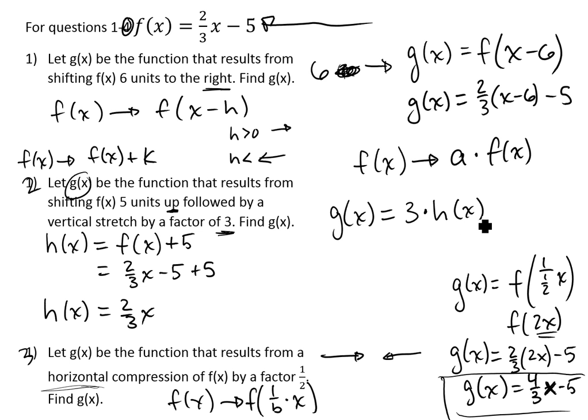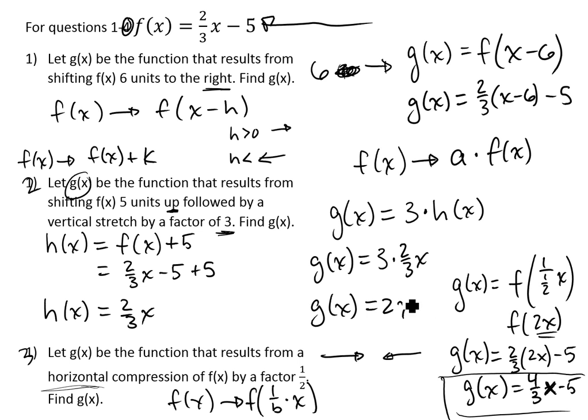And the function h of x is 2/3 x. So g of x equals 3 times the function 2/3 x. Now if I simplify that, 3 times 2/3 is just 2. So here's my answer, g of x equals 2x.